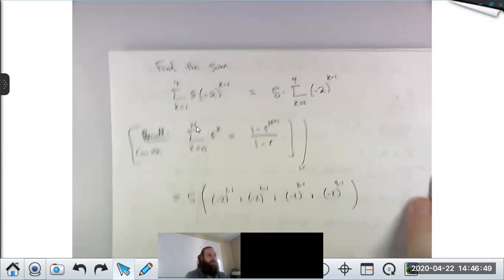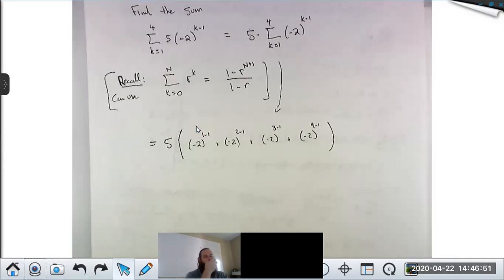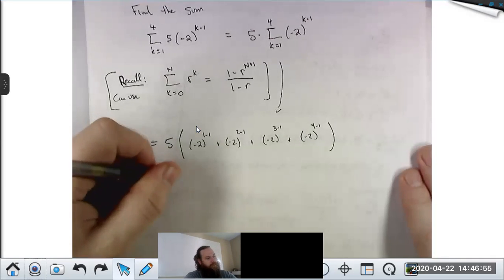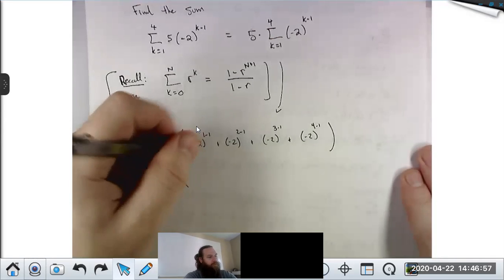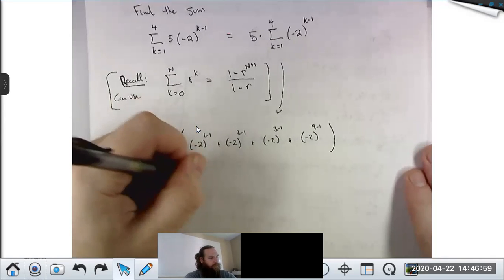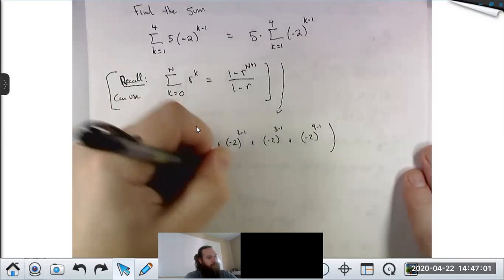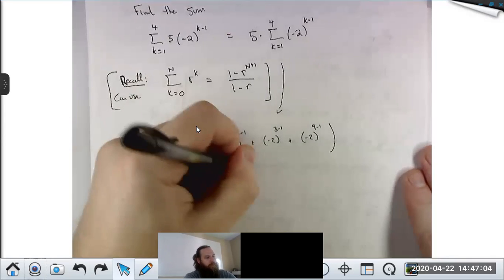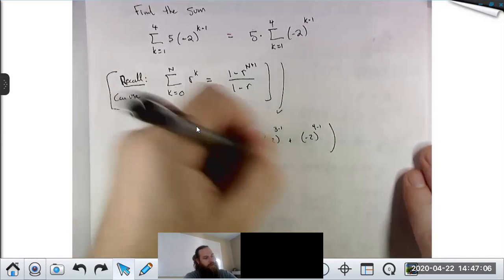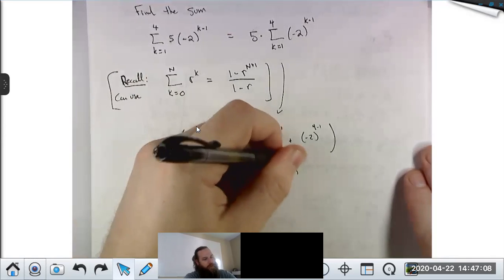Yeah, this sum is so short that we don't even need that formula. But this is the same as 5 times negative 2 to the 0 plus negative 2 to the 1 plus negative 2 squared plus negative 2 cubed.